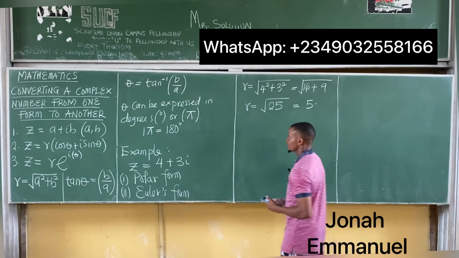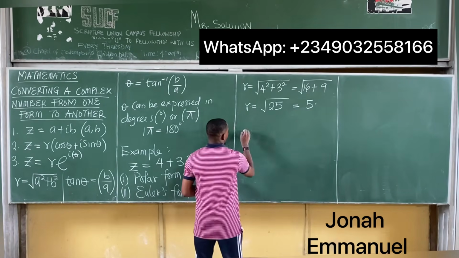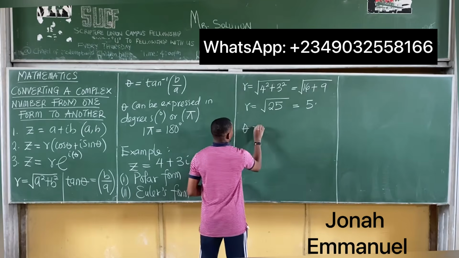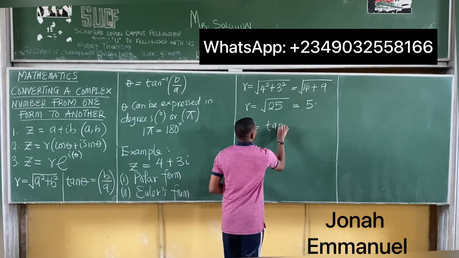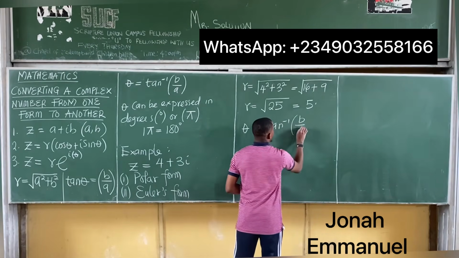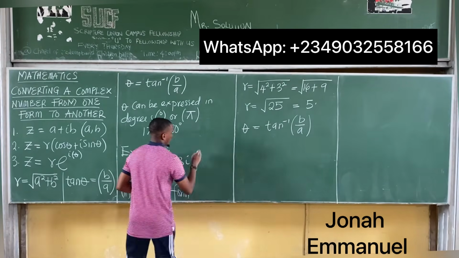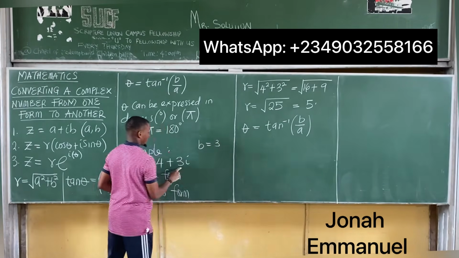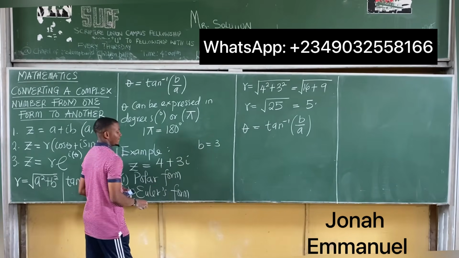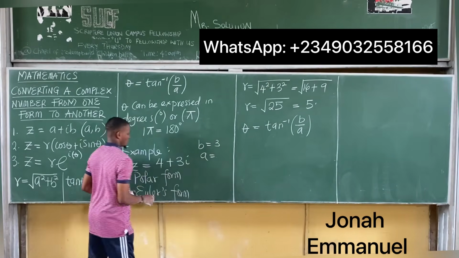Let's get the angle or the amplitude. The amplitude theta, we said, is equal to tan inverse of b over a. Given this complex number, b is equal to 3, that's the coefficient of i here, and a is equal to 4.